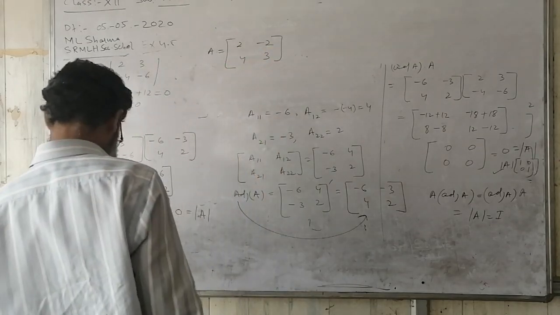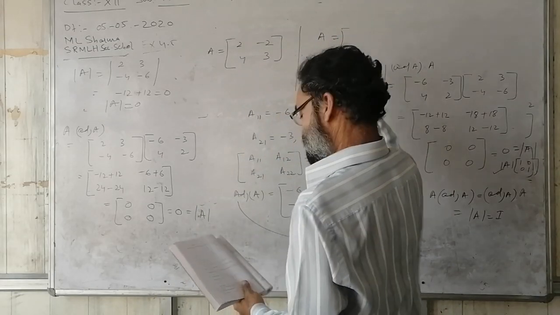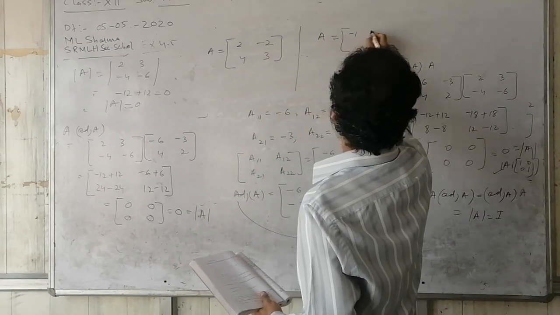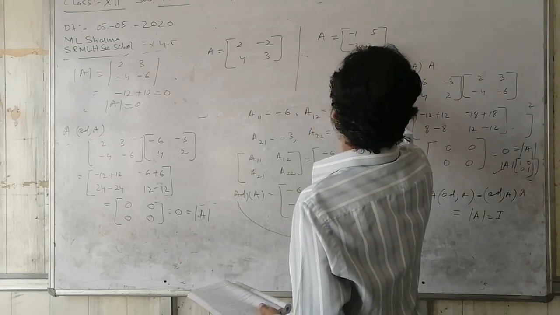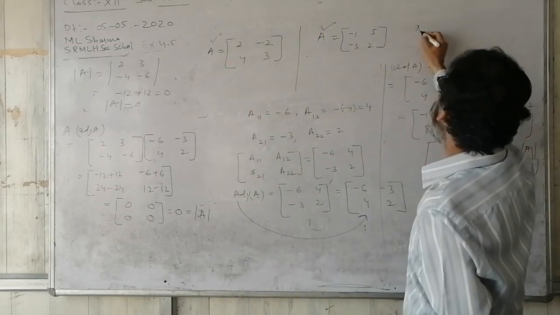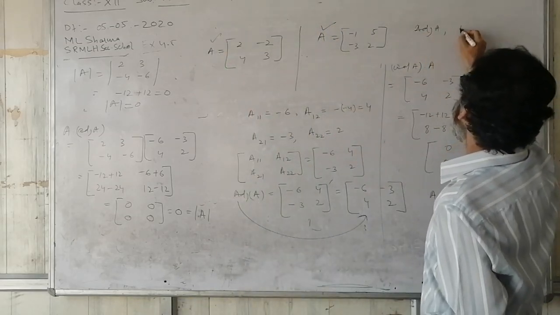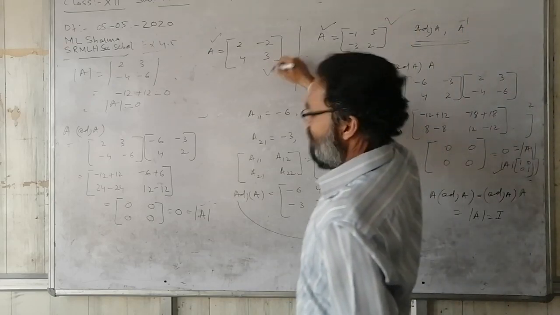This is one matrix. Another is A equal to minus 1, 5 here, minus 3, 2 here. So you have to find adjoint A and inverse of A. This you will try yourself.